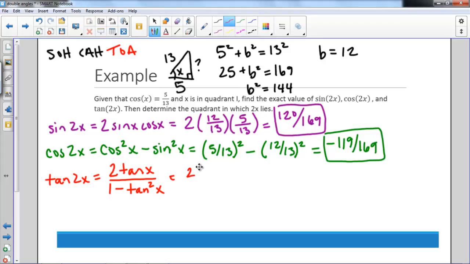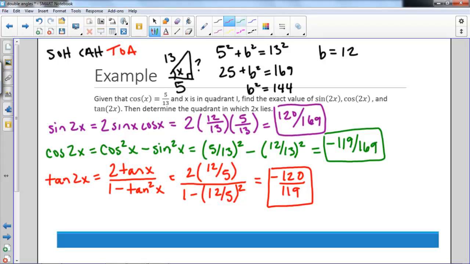So now I have 2 times tan x, so I have opposite 12 over adjacent 5 divided by 1 minus tangent squared. Simplifying this, we're going to get negative 120 over 119.